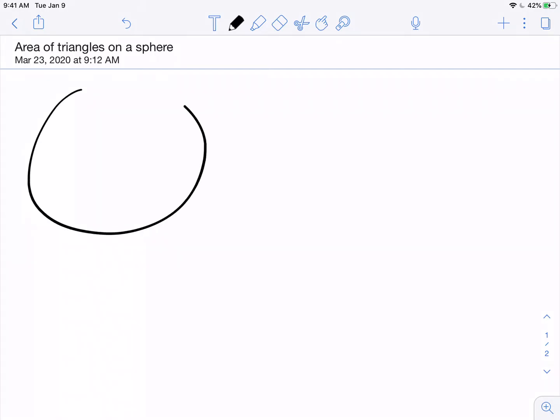So if we've got a sphere, as you all know, a triangle can be formed by connecting three geodesic segments at three vertices. And remember, these geodesics are coming from a great circle, like that. And for the purposes of this talk, I'm really only caring about so-called small triangles.